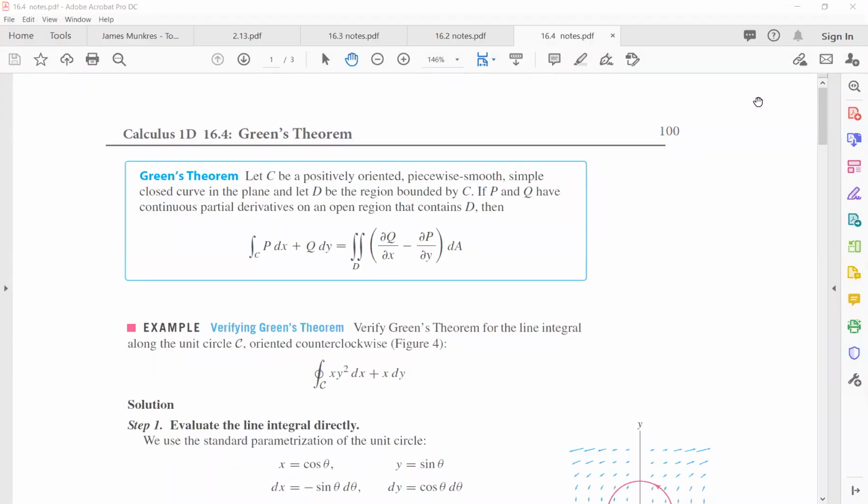16.4, Green's Theorem. Very well. This is one of the most important theorems in calculus.